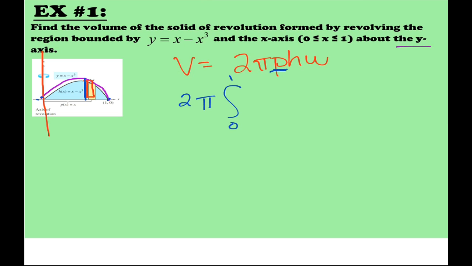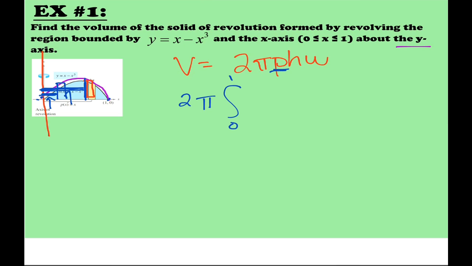We've got to do p, and what did p represent again? P represented the distance from my axis of revolution over to my rectangle, didn't it? So if my rectangle is right here, I want to go from my axis of revolution over to my rectangle. So no matter where my rectangle is, what does this little distance correspond to?